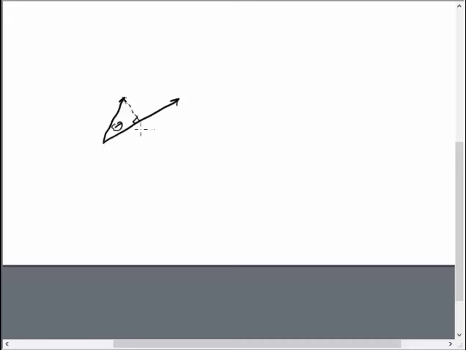So this is vector A, and this is vector B, and this bit here is the projection of B on vector A. Basically, I'm going to take the length of B and multiply it times the cosine of theta, and that will give me the projection of B on A. That projection has a length, and then I multiply that by A itself.